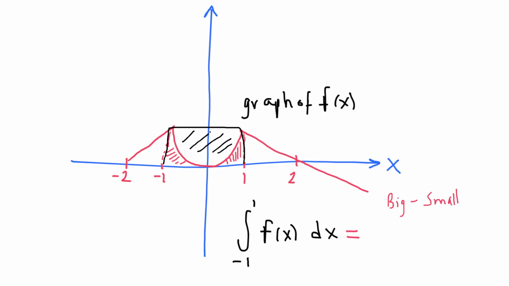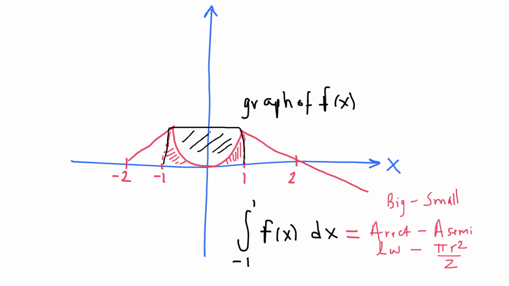See that? So it's going to be area of a rectangle minus area of a semicircle. So that would be length times width minus pi r squared divided by 2. And what do we get from there?